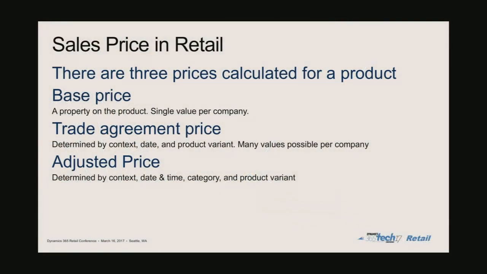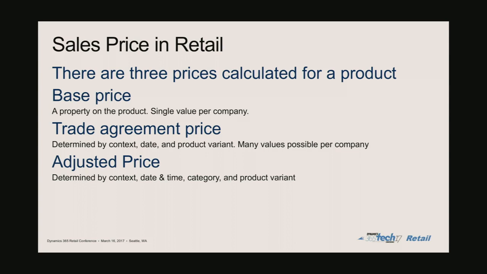I'm going to spend some time on pricing. I haven't gone into this very deep in the past, so basically, whenever you add a product to a transaction, when you add a line, we calculate three prices for the product. We calculate the base price, a trade agreement price, and an adjusted price. It says what they are.